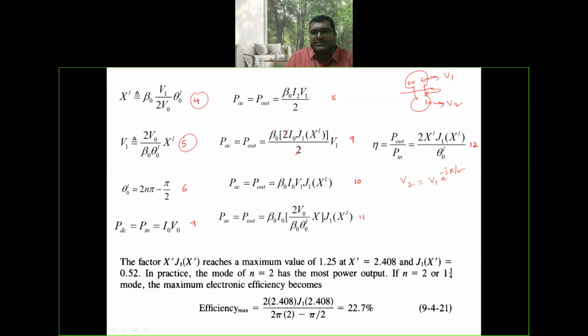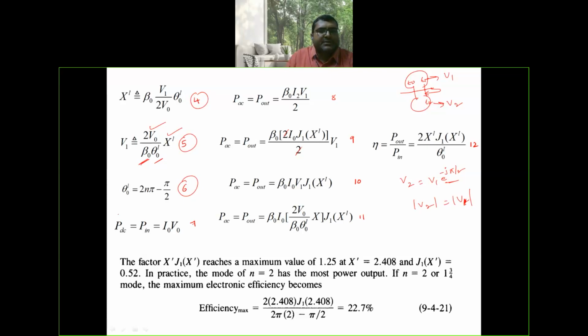If we observe the magnitudes, the magnitude of V1 and the magnitude of V2 are the same with some phase difference. Here V1 involves 2 I naught beta naught, theta naught, x dash: the beam coupling coefficient, transit angle, and bunching parameter. V0 is the applied DC voltage, and theta naught dash is 2n pi minus pi by 2.